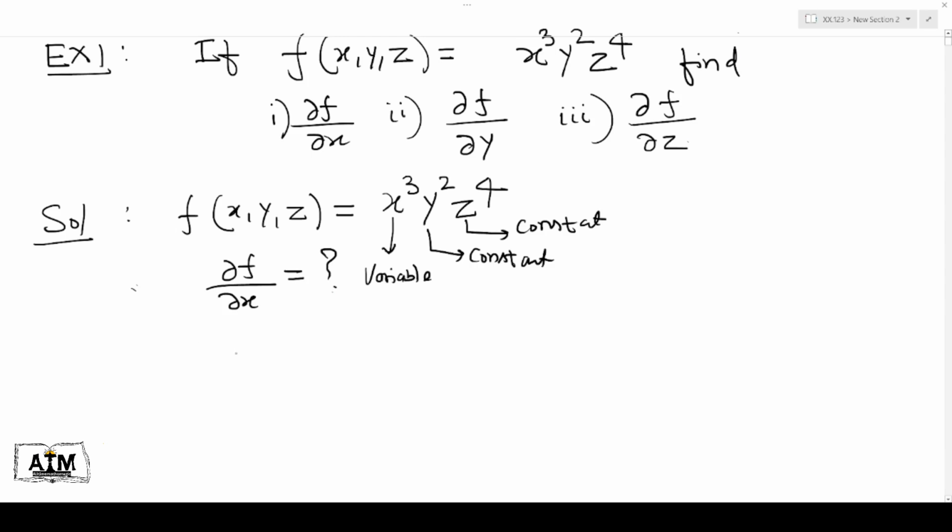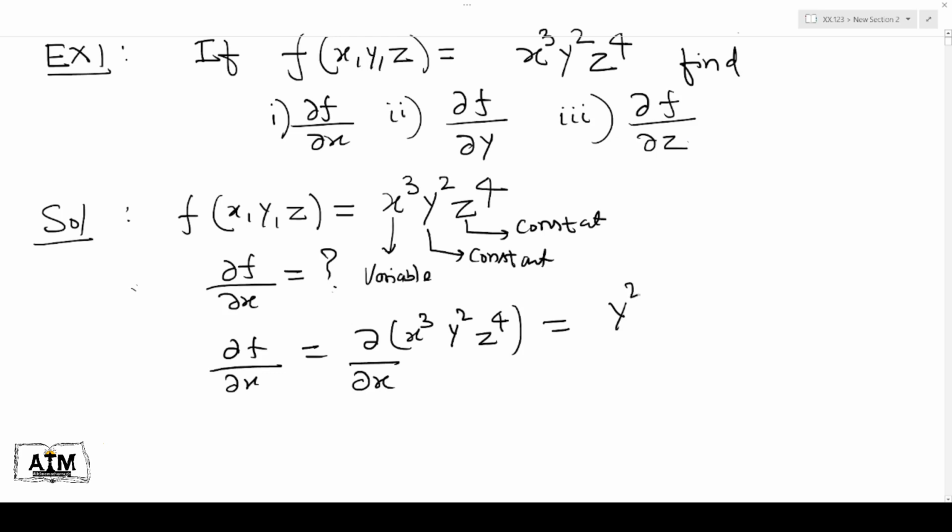So dou f by dou x equals the partial derivative of x cube y square z raised to 4 with respect to x. We take out constant terms outside because we are doing the derivative with respect to x. So y square is constant and z raised to 4 is constant.